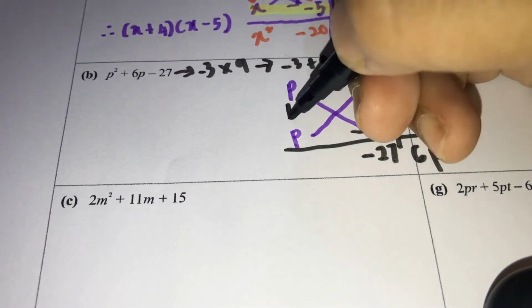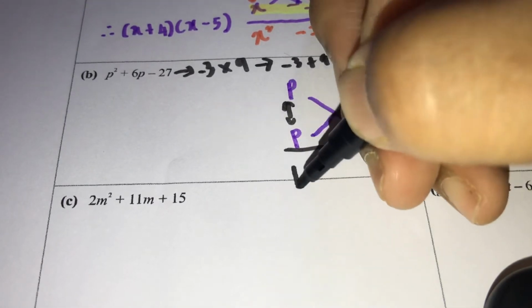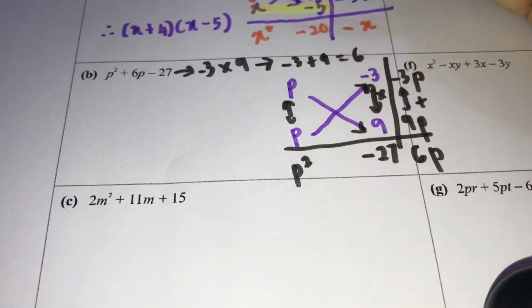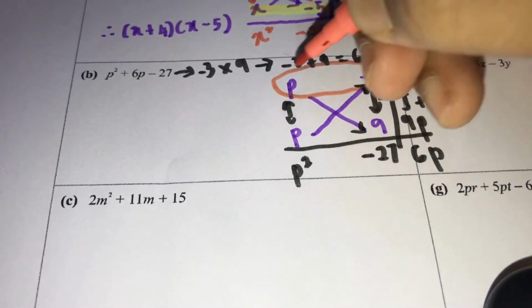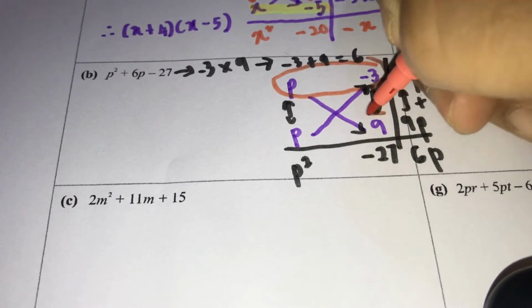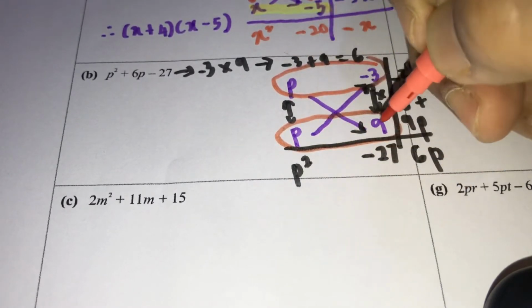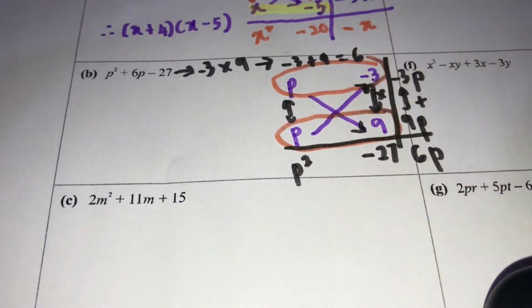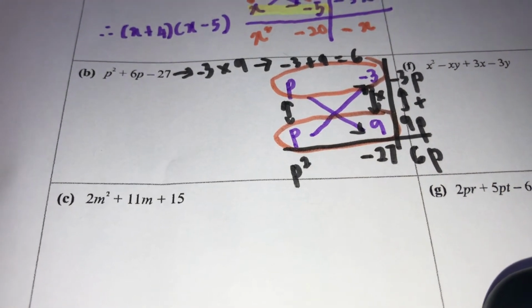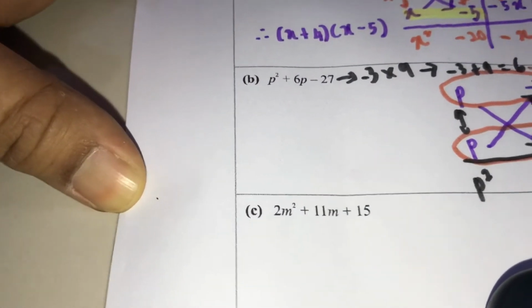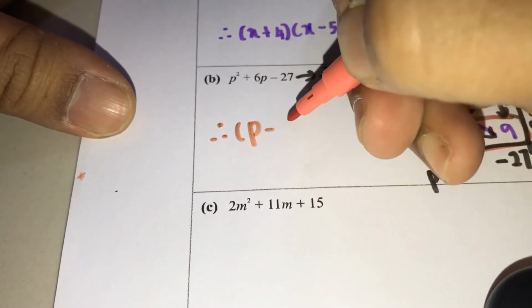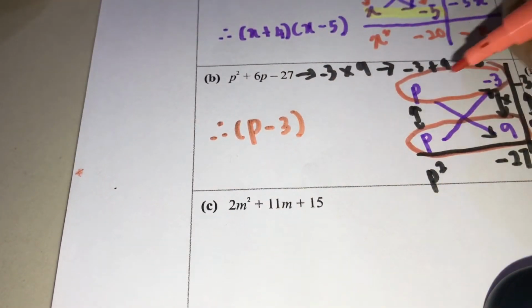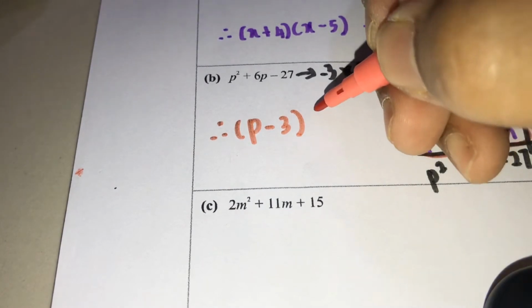And then here also times. P times P, you get P square. And then your answer here: P minus 3, P plus 9. Because here positive, that means plus. So you can write the answer P minus 3, P plus 9.